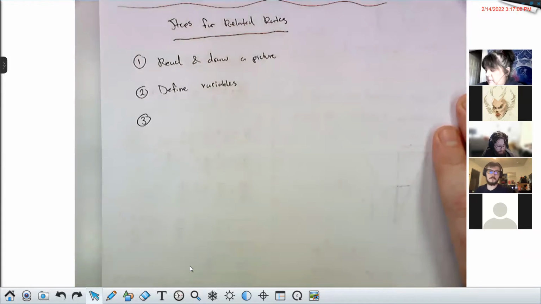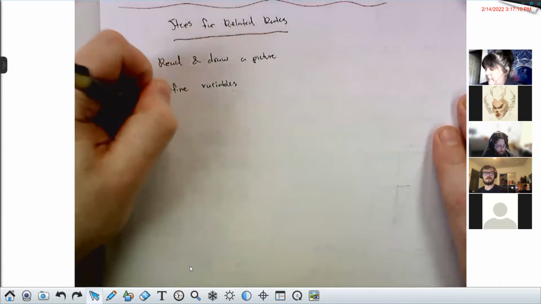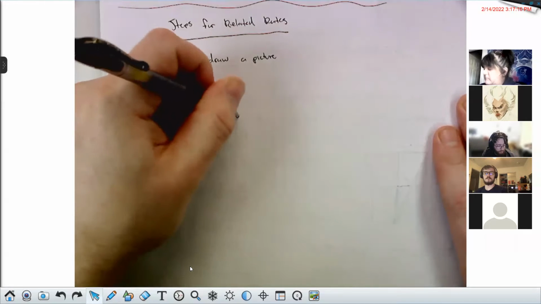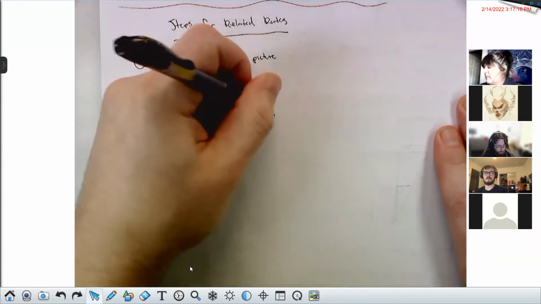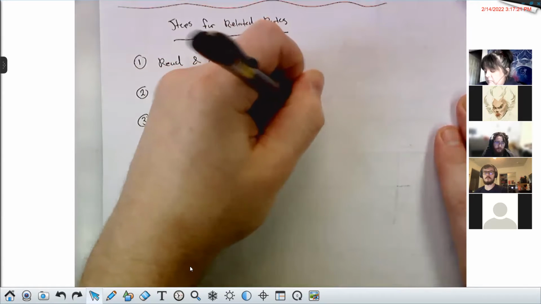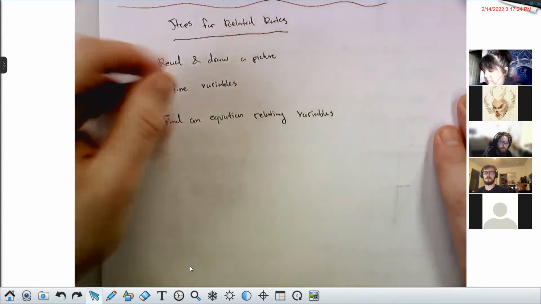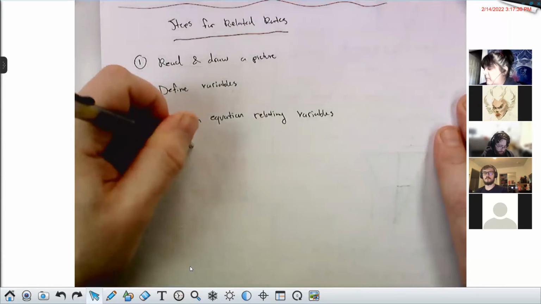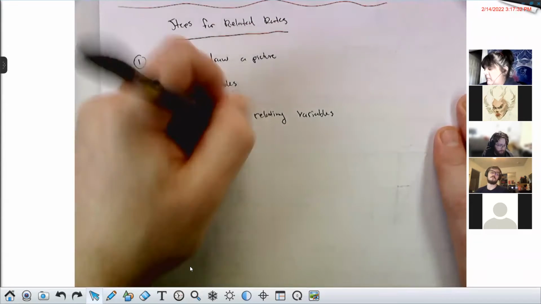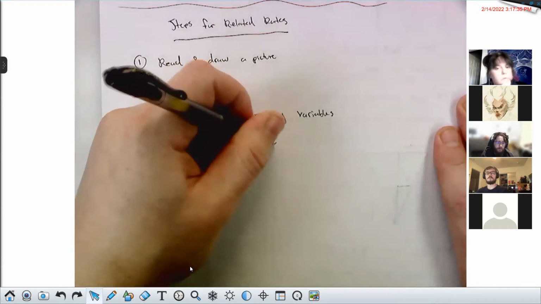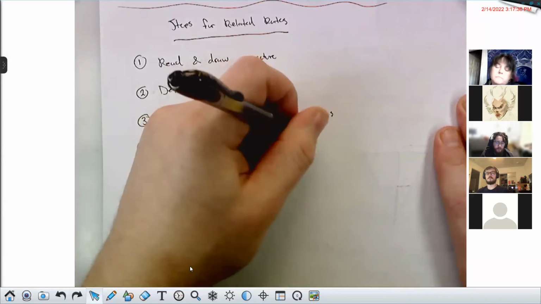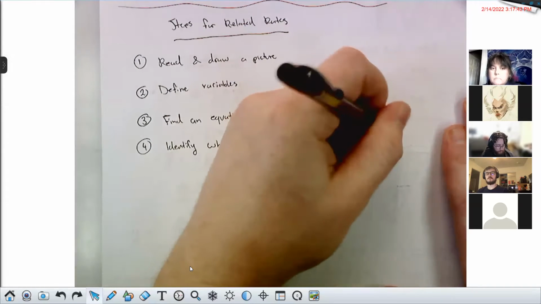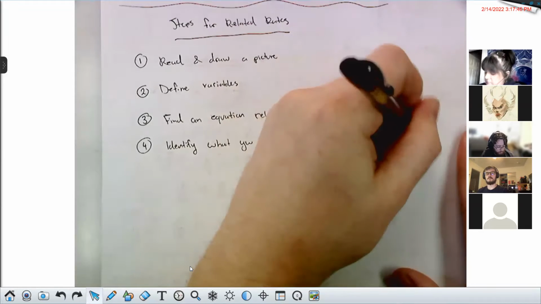Third step, and this is one of the harder steps, is find an equation relating the variables and identify what you know and what you want in terms of time derivatives.